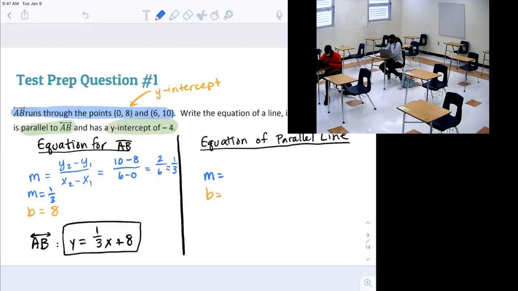So my m of the new line is also going to be 1/3. And the y-intercept of my new line, they give it to me. What's it going to be? Good, Tyrone. -4. So who can write the equation for me of my parallel line? Good, Janelle, y equals 1/3 x minus 4.